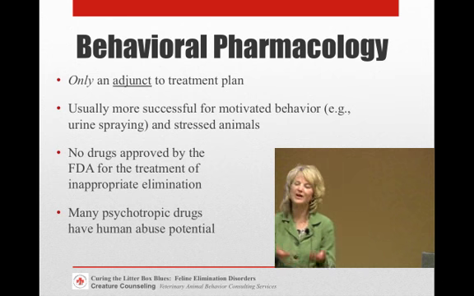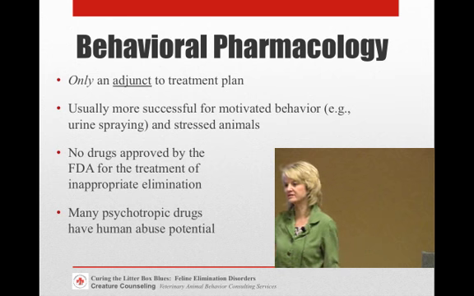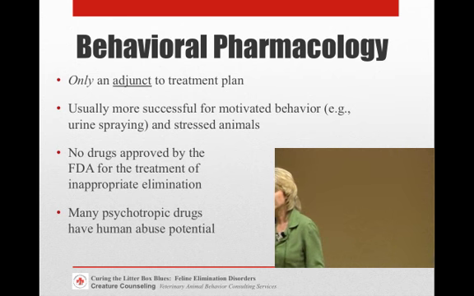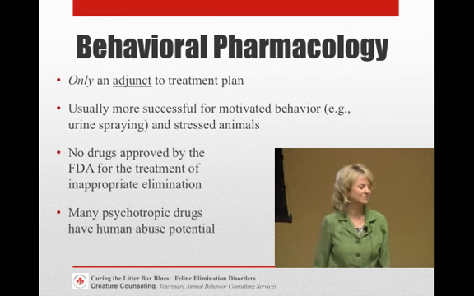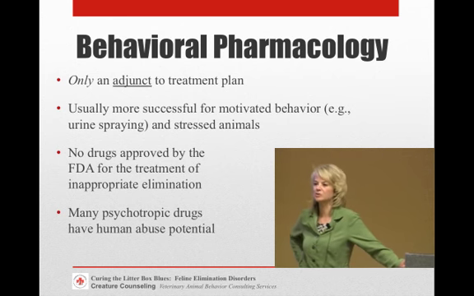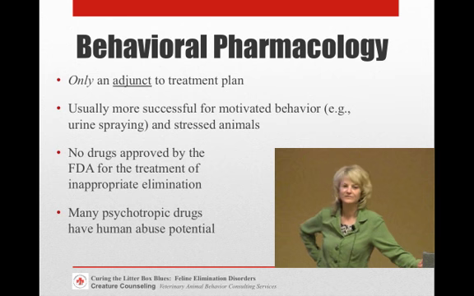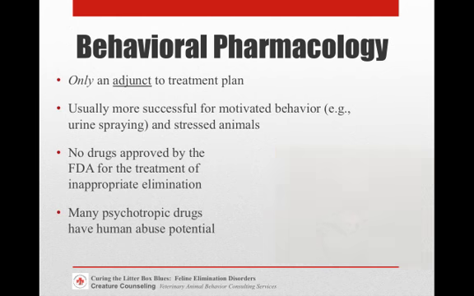But we are, and oftentimes in veterinary medicine, this is what we do, because a lot of companies don't spend the money to do all the testing that says, oh, well, you can use it for urine marking in cats or things like that. And then lastly, there's the potential for human abuse. So we have to be careful about using that in our home environments.